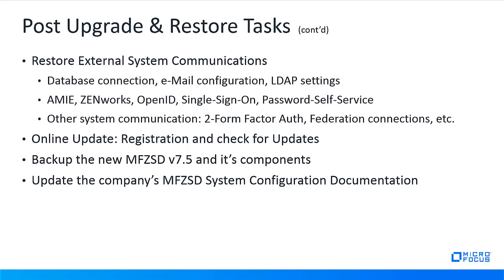And finally, if you have single sign-on or two-factor authentication configured, check those settings in the ZENworks Service Desk version 7.5. Configure online update, registering the Service Desk system to retrieve online updates to maintain the OS for the appliance. Back up the new Service Desk version 7.5 appliance and database using the best practices.